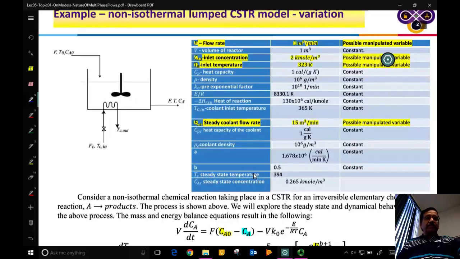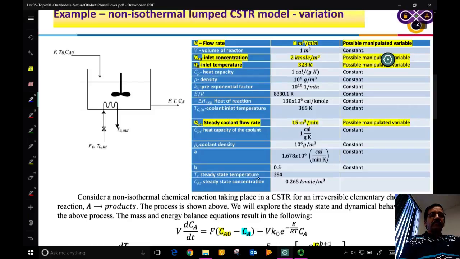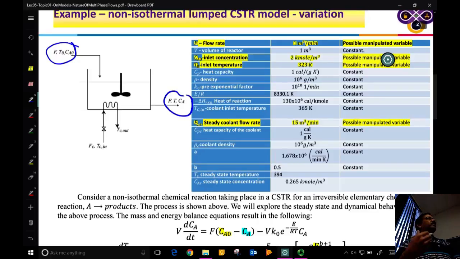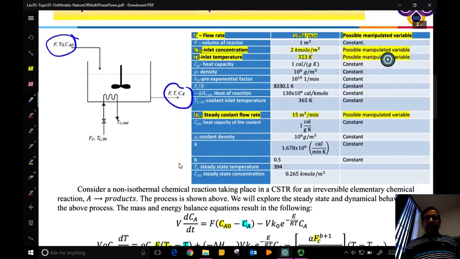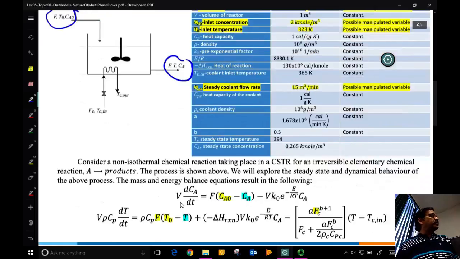But the problem is a fairly simple one. You have a stirred tank reactor into which you feed a certain chemical and it reacts to produce a certain product. You know, the feed rate, the temperature, and the composition are related by the mass balance and the energy balance. So these are the 2 equations that you see here.